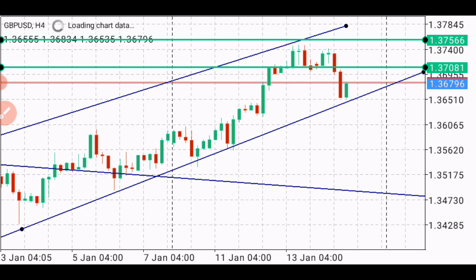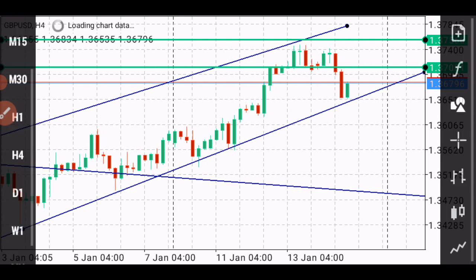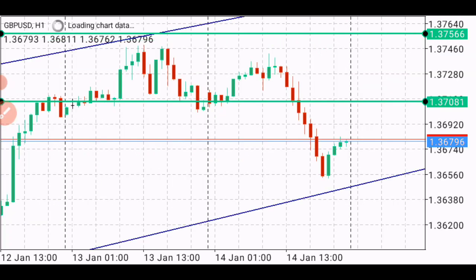So you are going to have a stop loss of around 50 pips, or 45 pips stop loss, and we took our trade here.